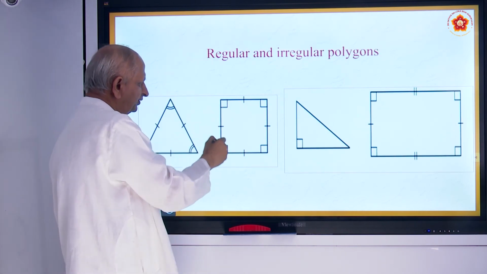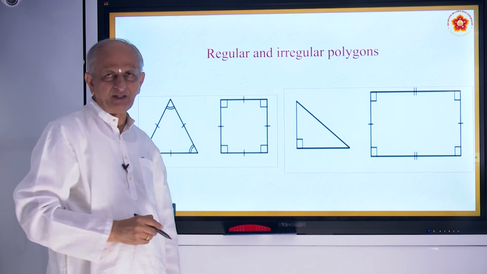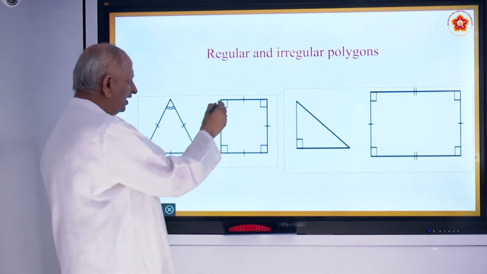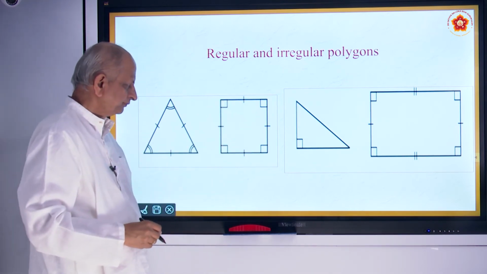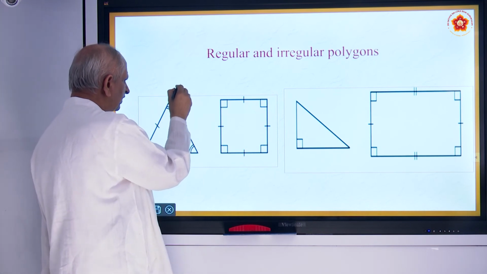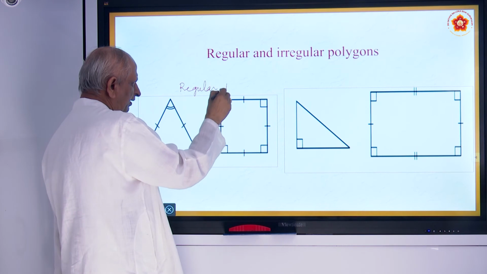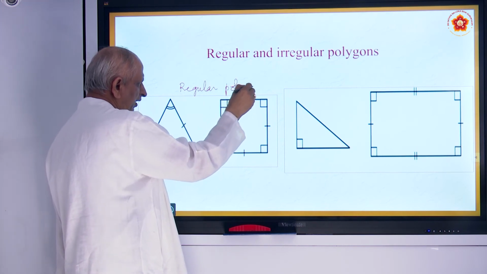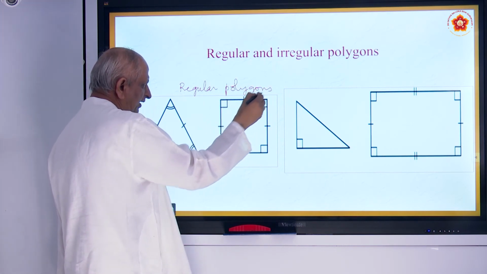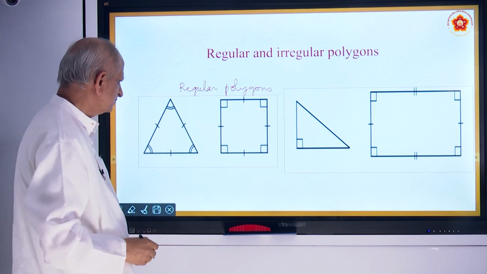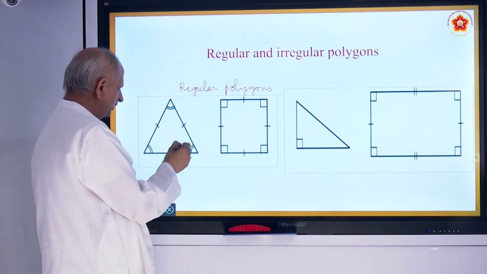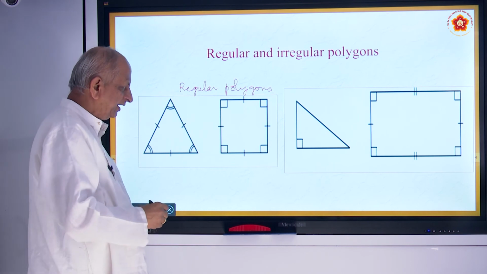Here this is equilateral, means all the sides are equal and all the angles are equal. Then it is called a regular polygon, because all the sides and all the angles are equal. This is also a regular polygon, because all the sides are equal, angles are equal.